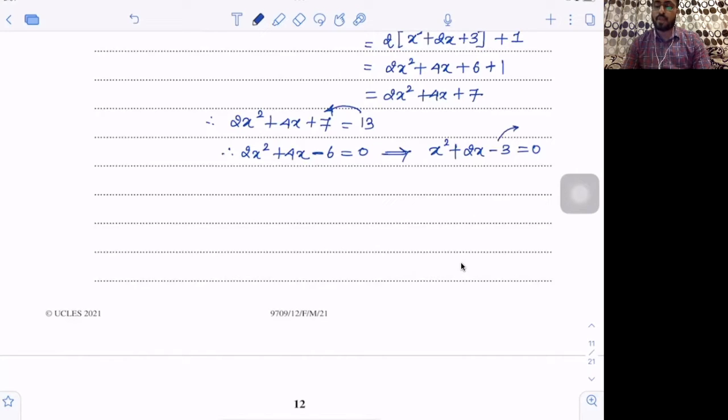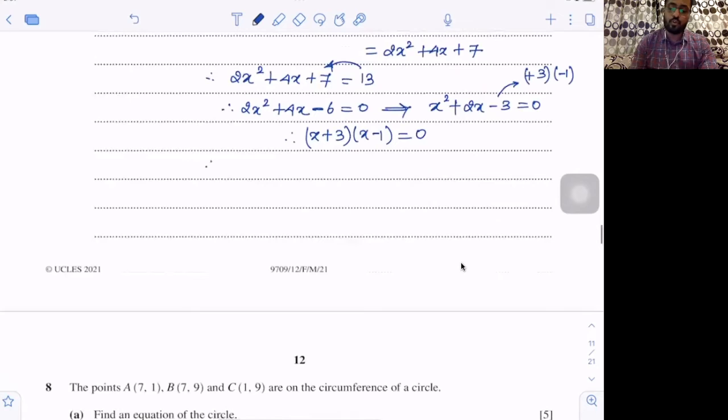The factors of -3 are +3 multiplied with -1, which gives -3, and +3 and -1 added give +2. That means the factors are (x plus 3) and (x minus 1) equal to 0.